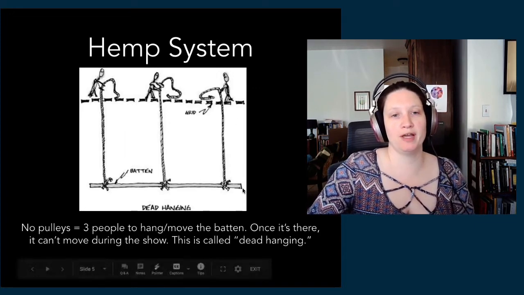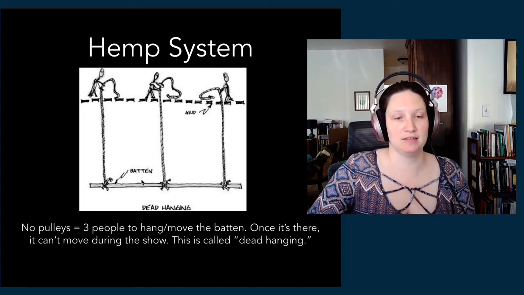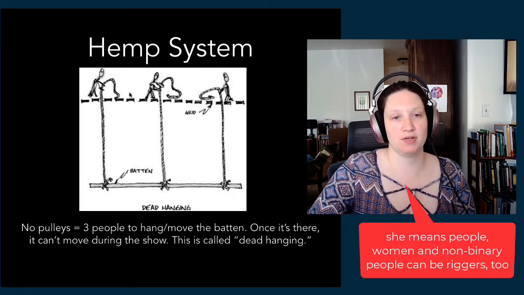So when we have no pulleys, right, we have a dead hanging situation, okay? So it takes 3 people up on the gridiron, which is a metal structure that supports the fly system. It takes 3 people, 1 on each rope, to raise or lower that batten.